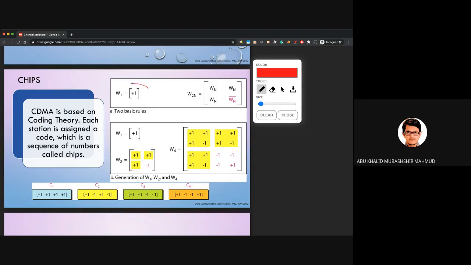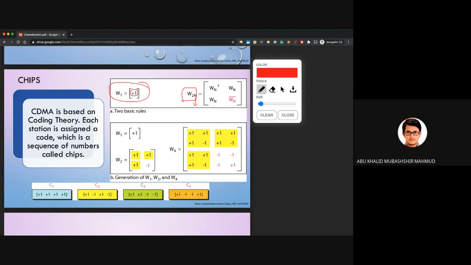The first basic rule is for W1. If we have a matrix of row 1, column 1, and the value of the member of that matrix is +1 only, then we get twice that value. This is the degree of the Walsh table.